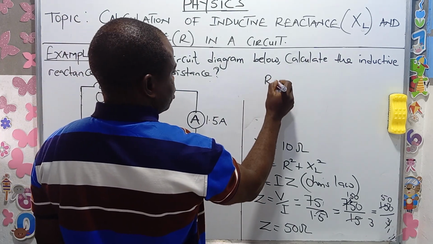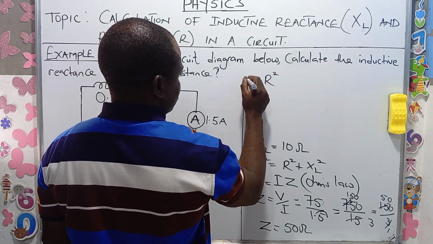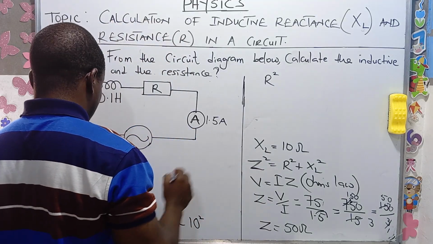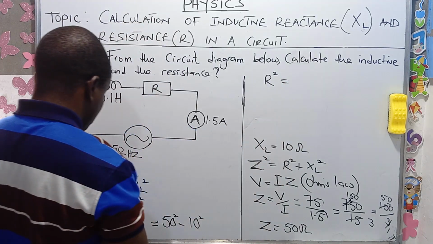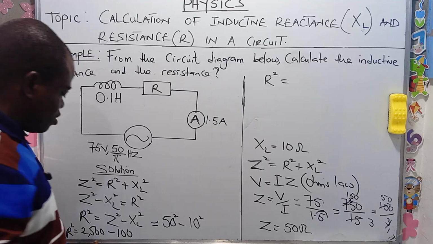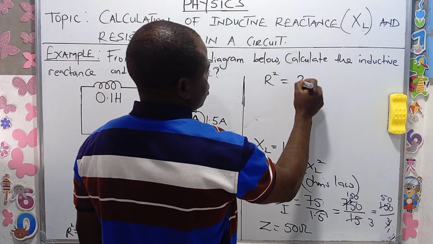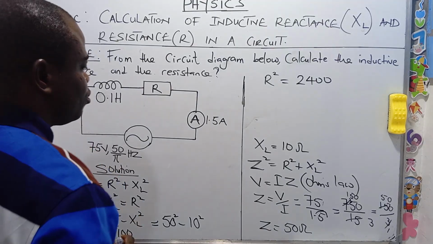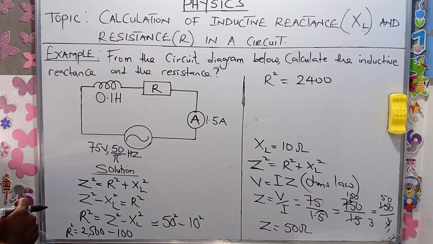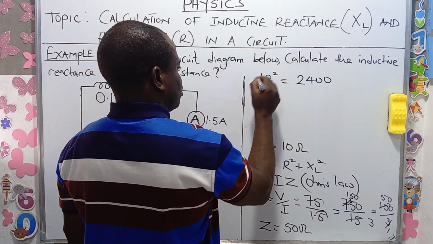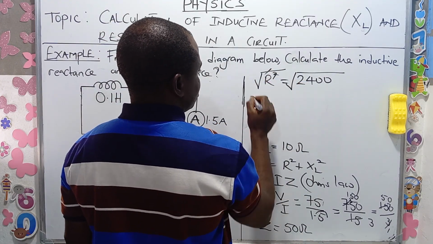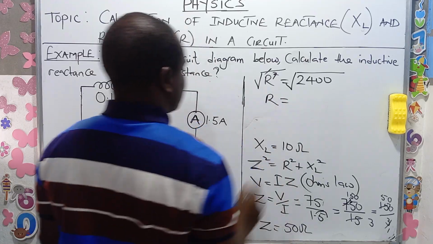Your R squared equals 2,500 minus 100, that's 2,400. Okay. From here, you find the square root of both sides. Let's find the square root of this, and the square root of the other side, to cancel the square root, giving the resistance now.